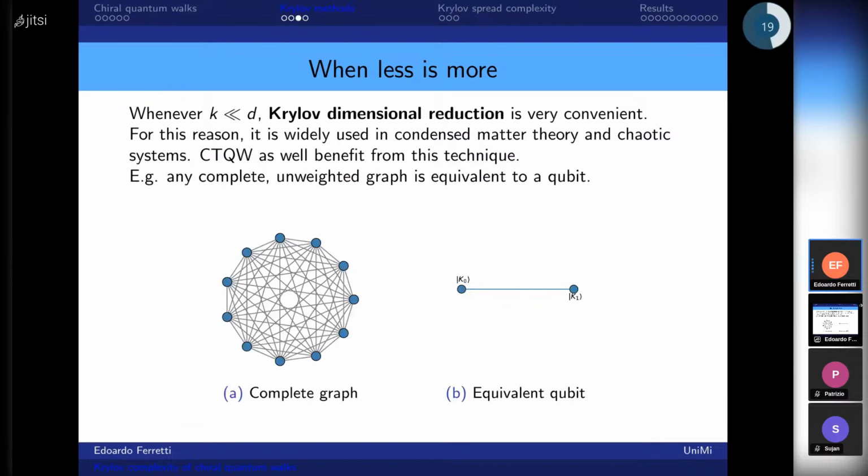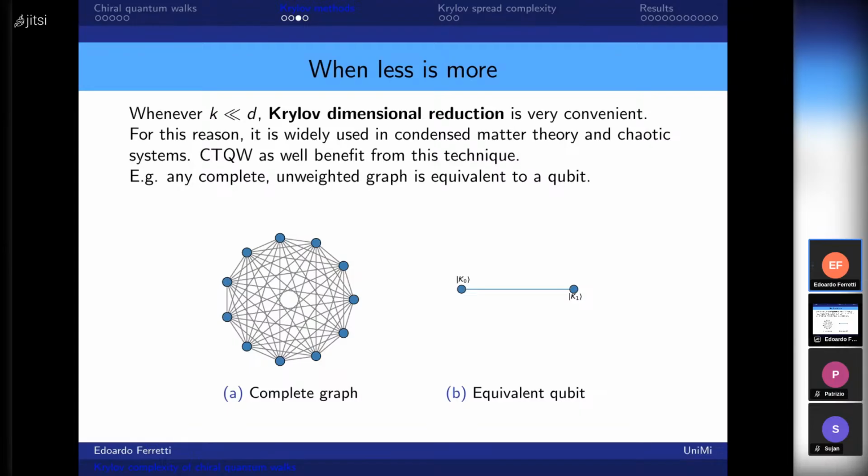And the main example is a complete graph. A complete graph with n nodes, a complete unweighted graph. So imagine that each edge has only value 1, or at least they all have the same real value.